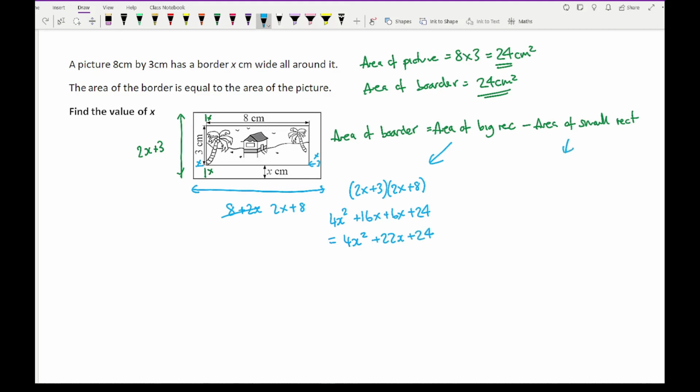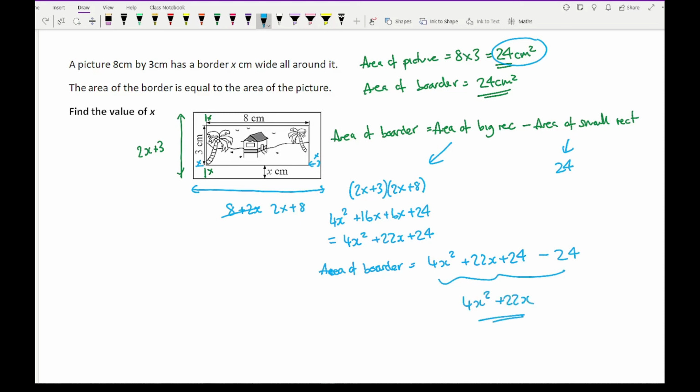And the area of the small rectangle is going to be 24 because I've already worked that out. So the area of the border is going to be 4x squared plus 22x plus 24 minus 24. And simplifying all of this gives me 4x squared plus 22x.